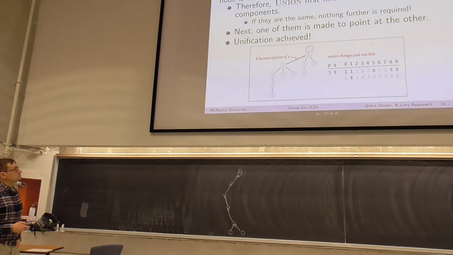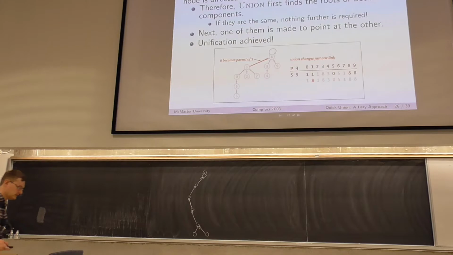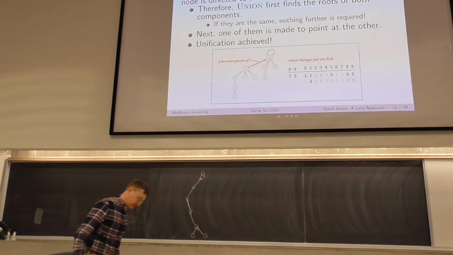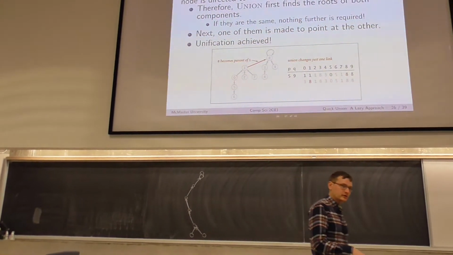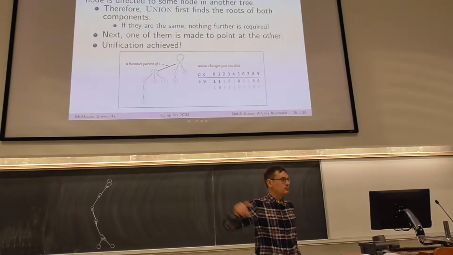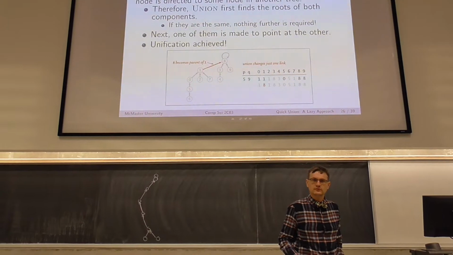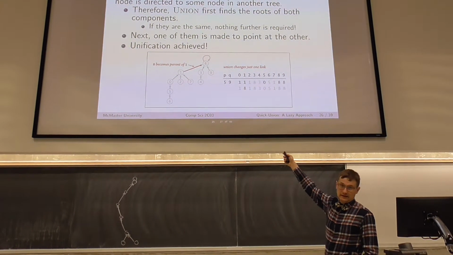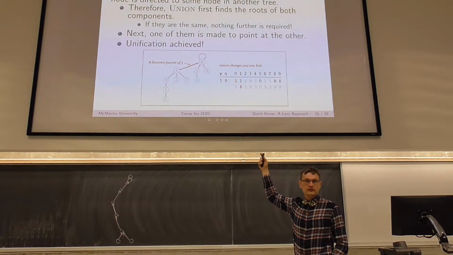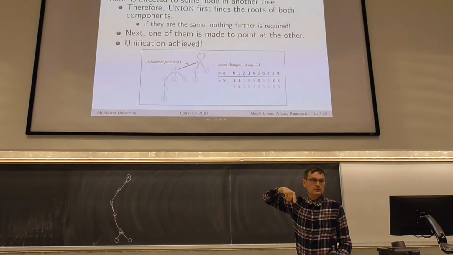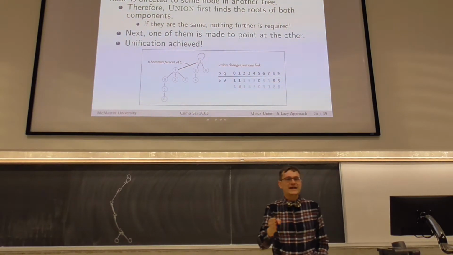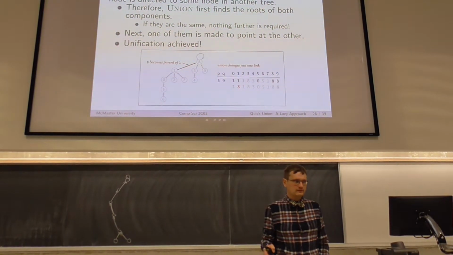So, union then. It's quite simple, really. You take the root node of one of the trees and have it point to the other, right? Now, technically, you could have the root node of the tree you're attaching attached to any point of the other tree, right?